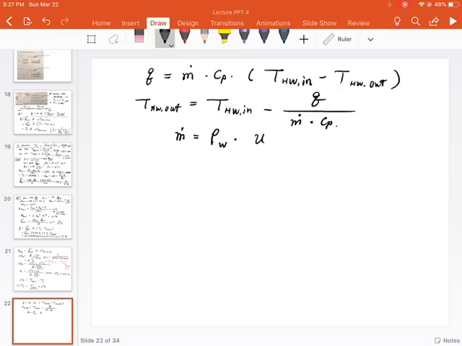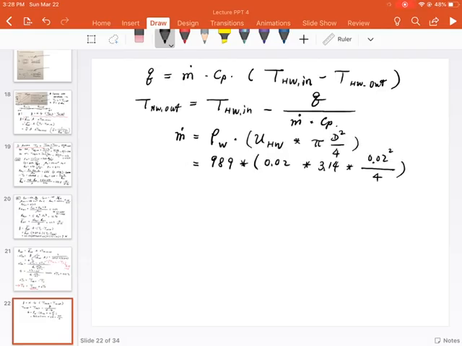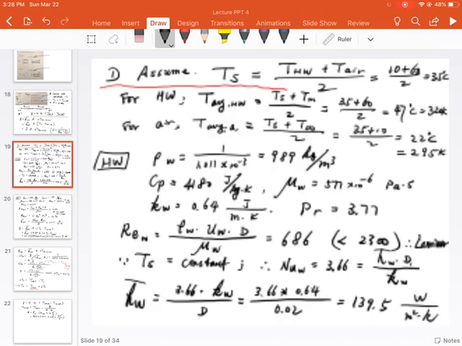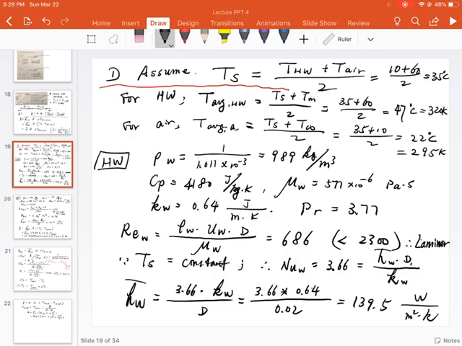If you punch in these numbers, and the CP is also given in the table we already got previously, it's 4180 here, and then you can calculate.